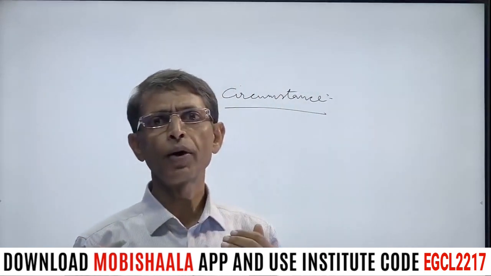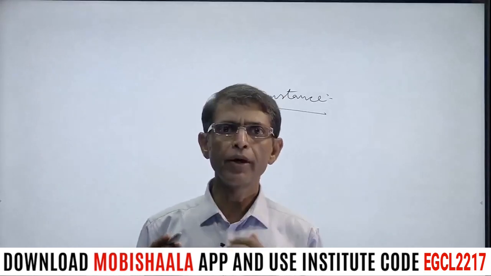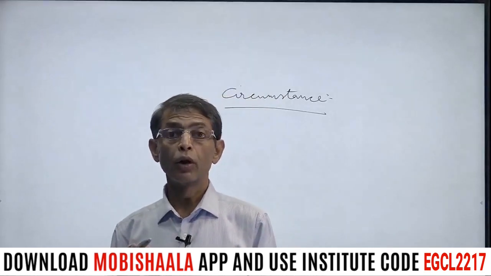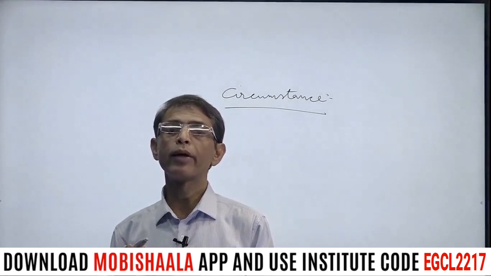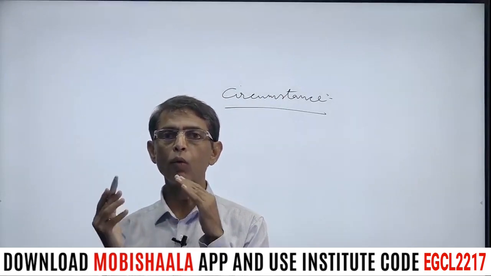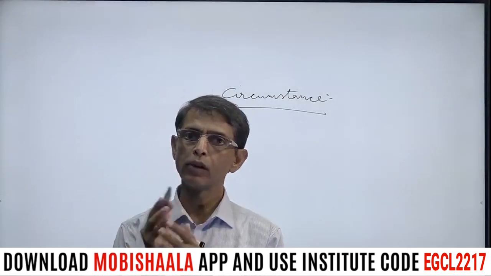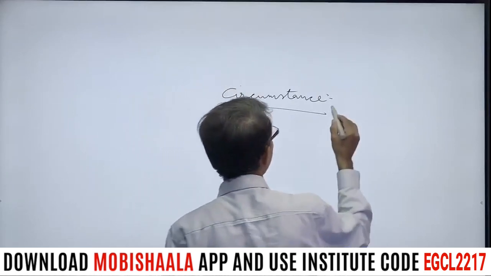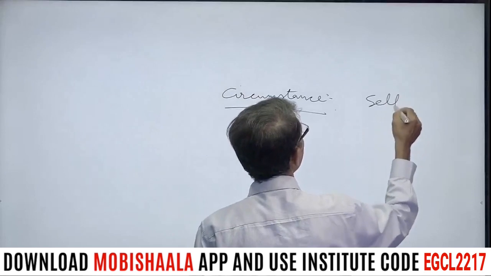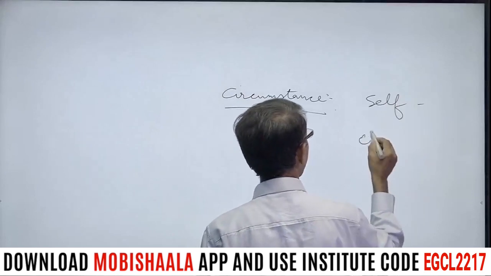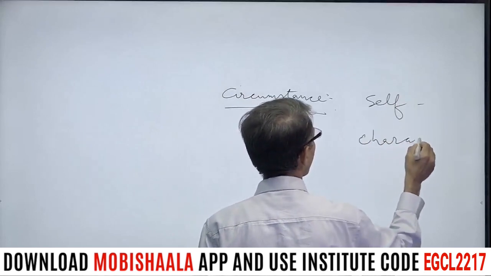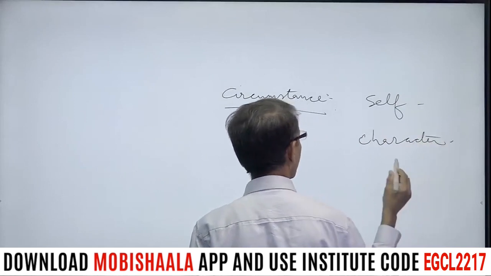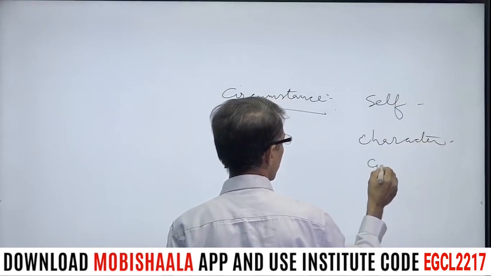Circumstances are very important. It has also a vital role in making the character of an individual self. How is it vital? Partly when the person performs the action, it is influenced partly by character and partly by circumstances.